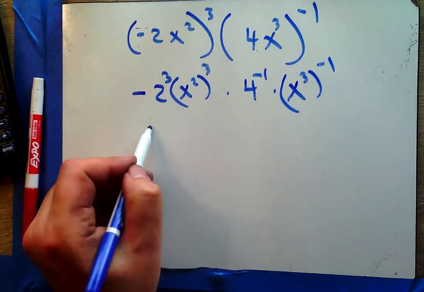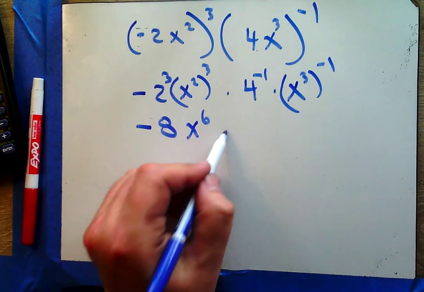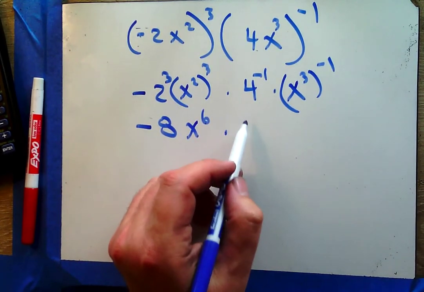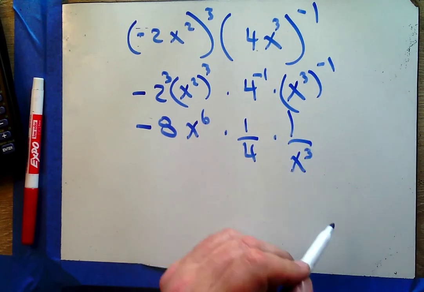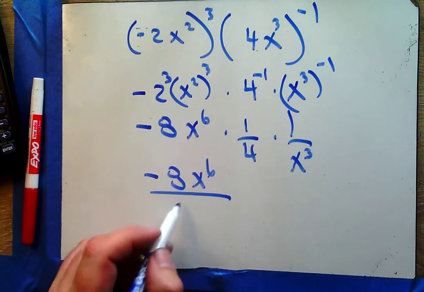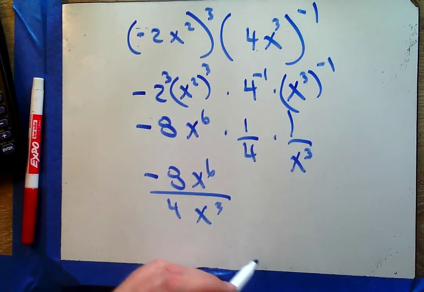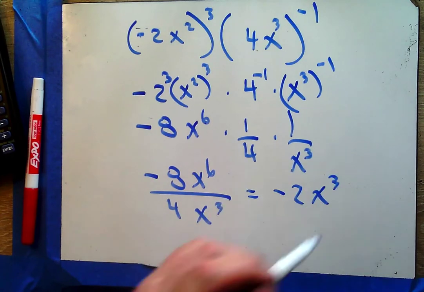So this is going to be negative 8. Raise a power to a power and multiply. This is going to be 1 over 4, and this is going to be 1 over x to the third. So I've got negative 8x to the 6th over 4x to the third, and I can see that's going to be negative 2x to the third.